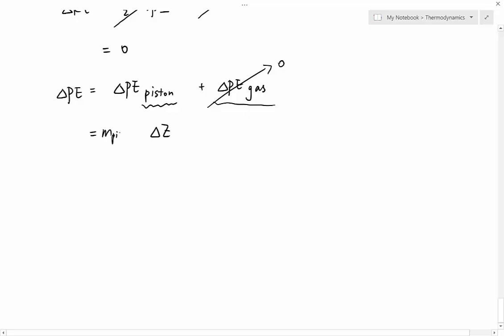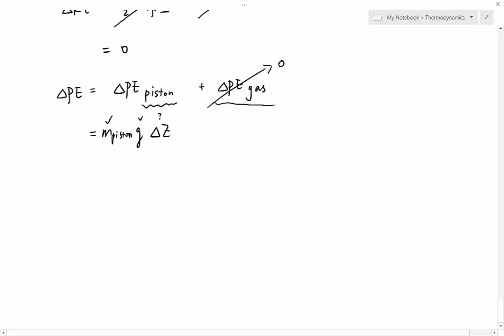Mass of the piston times g times delta Z. Do I have the mass of the piston? Yes, 45 kilograms is given. Do I have g? Yes, g is 9.8, it's constant. All right, so the only thing we don't have is the change of height.